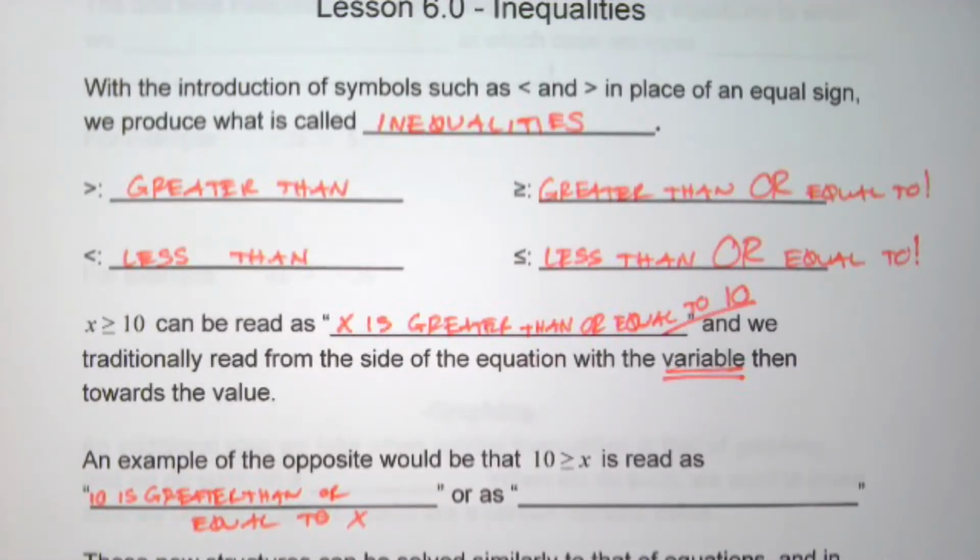We're always going to want to read it from the variable to the value, and we'll learn how we can flip this around, but we could still read it in that other direction. We could say x, and now, well, what is x? Well, we're always going to open that inequality to the larger value, and it's going to point to the smaller value. So that's saying x is now going to be less than, because it's opening up to 10.